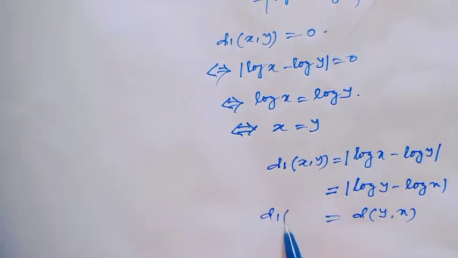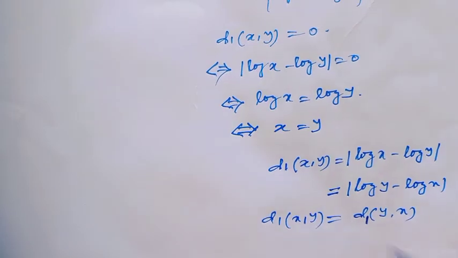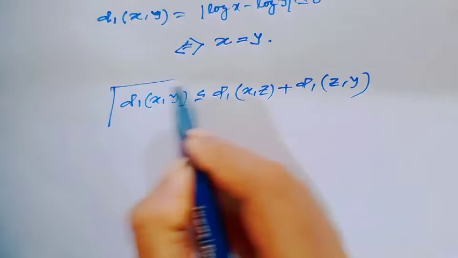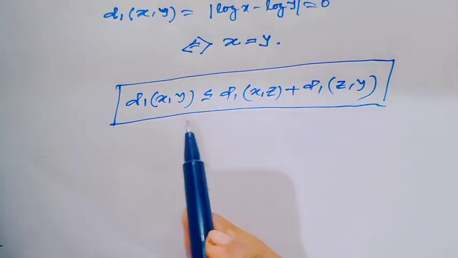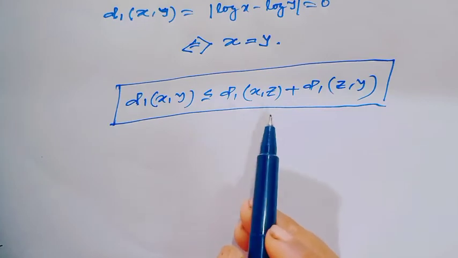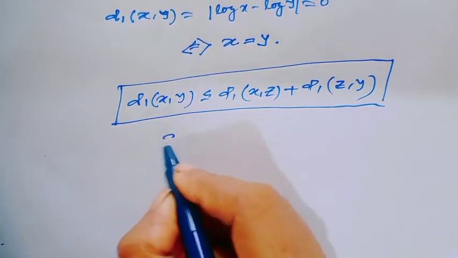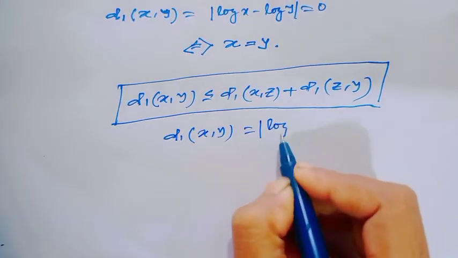That means the symmetric property is also satisfied here. Now we have to verify the triangle inequality. We have to verify d1 of x comma y is less than or equal to d1 of x comma z plus d1 of z comma y. And d1 of x comma y means absolute value of log x minus log y.